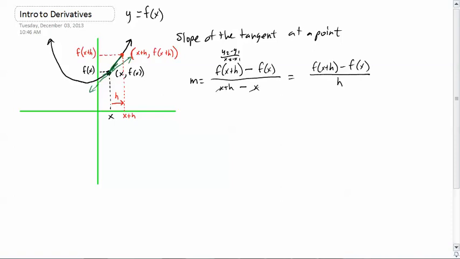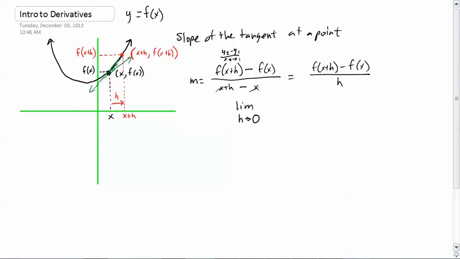Now, to bring this red point as close as we can possibly get, we want to find the limit as h. Now remember, h is the distance from this point to that point horizontally, the distance between those x values. I want that as small as possible, so I want h to become as close to 0 as I can get. Now remember, that's what a limit is. The limit is how close can you get to that point.